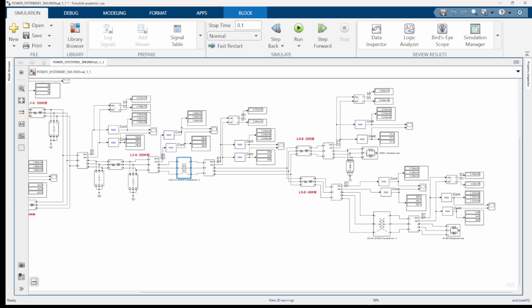In total, four transformers are used in the network to interconnect the different voltage levels. Each transformer has a rated impedance of 6%, as I said, and the X by R ratio of 12.